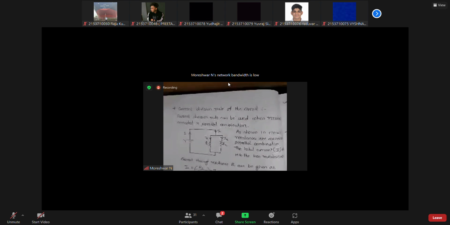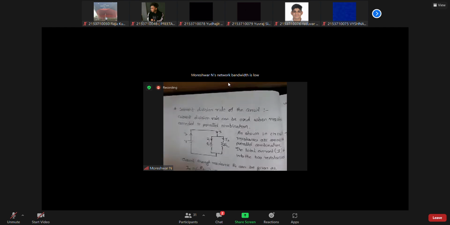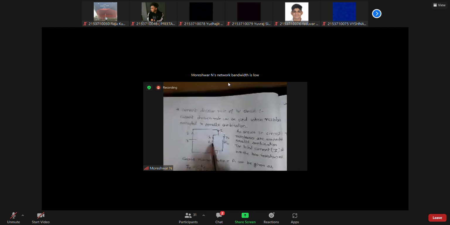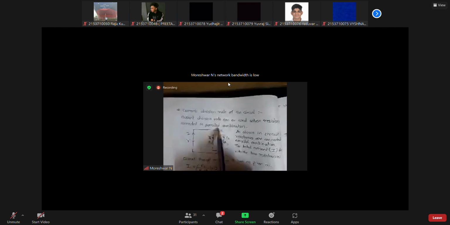And what will be that formula that you want to understand? Before that, in some of the numerical, what is happening? This applied voltage is given, only resistance values are also given, and you want to calculate either I1 or I2. So in that case, very first, you want to calculate the equivalent value of these resistances so that you can calculate the total current.